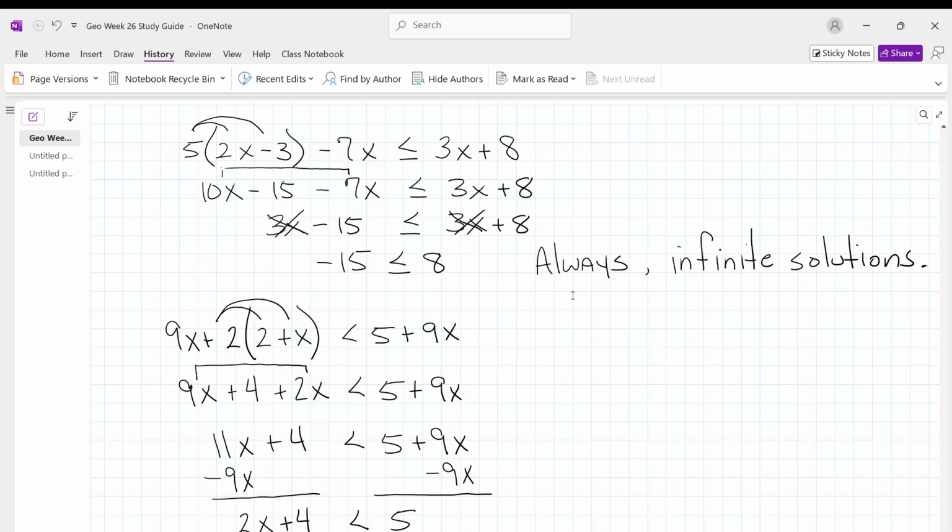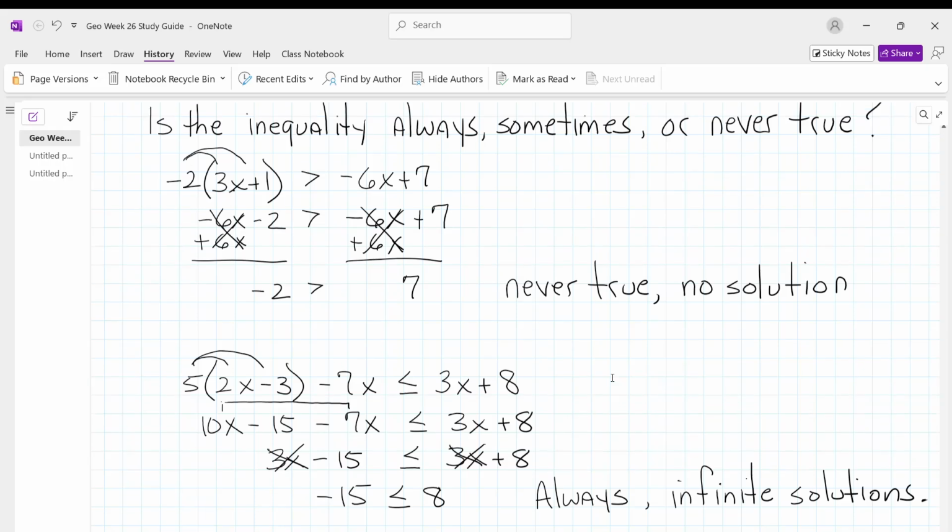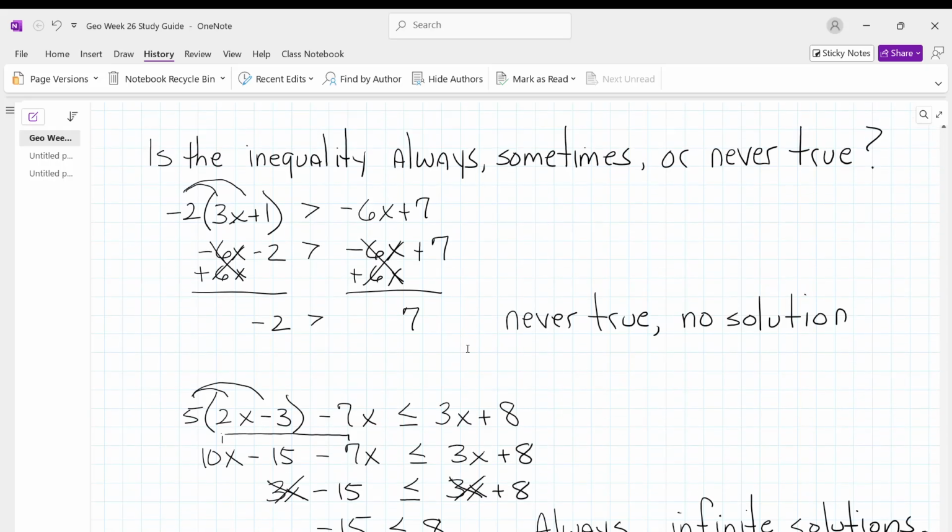All right, that's an always true. Doesn't matter what you substitute in for the x's, the equation will always be true. And then if you get to this step where the information left is never true, then there's no solution. The equation is never going to be true. Any questions?